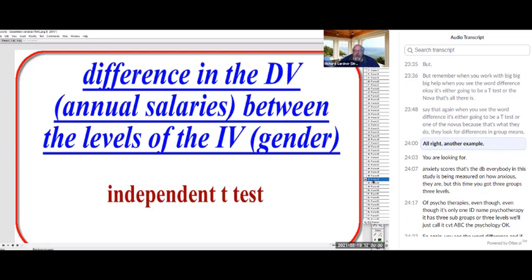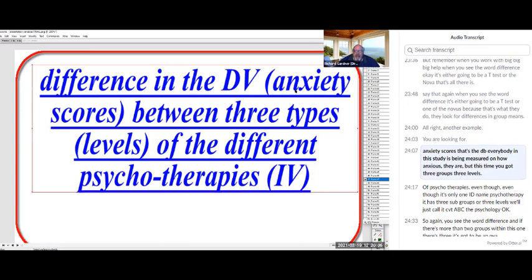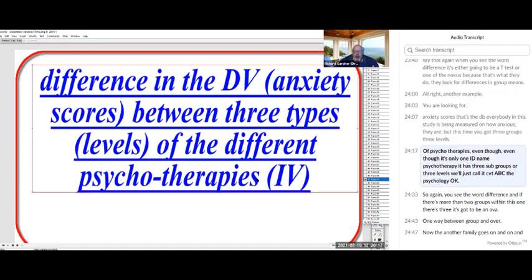All right, another example. You were looking for anxiety scores. That's the DV. Everybody in the study is being measured on how anxious they are. But this time you got 3 groups, 3 levels of psychotherapies.